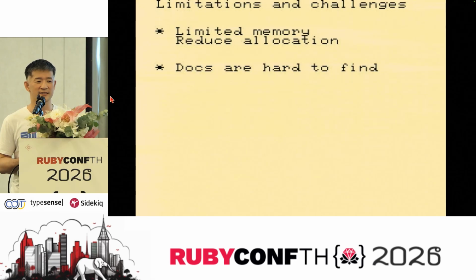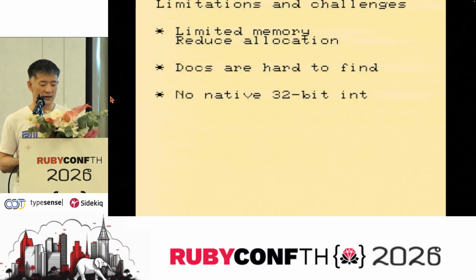So it seems a bit scattered. And also, there's no native 32-bit support, and unfortunately, the mruby compiler assumes the platform supports 32-bit integers. As a result, my VM, whenever it sees 32-bit numbers, just ignores the upper 2 bytes and hopes for the best.